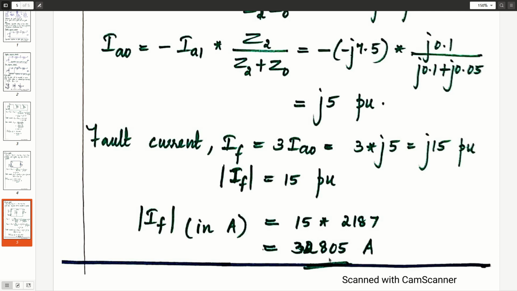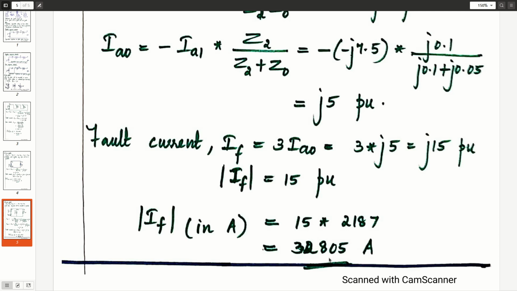In the same way, calculate the negative sequence Thevenin equivalent impedance and zero sequence Thevenin's equivalent impedance with respect to the fault point. That is very, very important, with respect to the fault point as well as the reference. Okay. Third step is for the given type of fault, connect these three Thevenin equivalent networks accordingly.